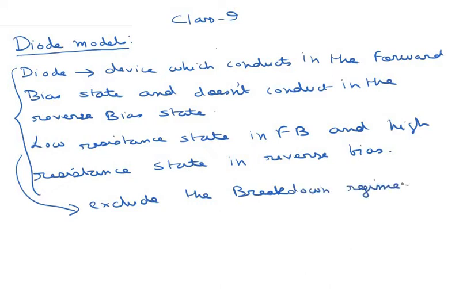Now from this viewpoint, what is actually an ideal diode? We discussed that a diode is a device which has a low resistance in the forward bias state and a high resistance in the reverse bias state. So what should be the current voltage characteristics of an ideal diode? Let us first draw the current voltage characteristics of an actual diode.